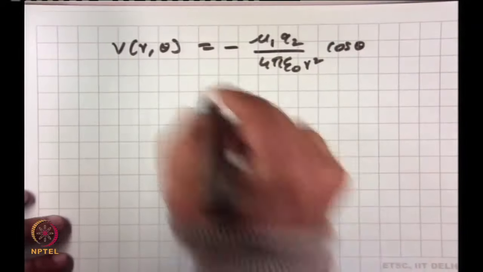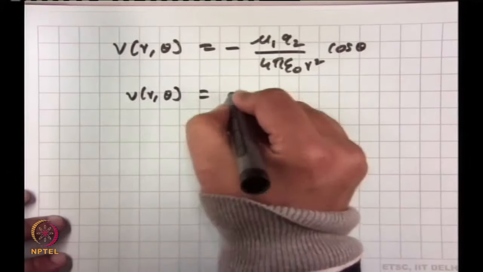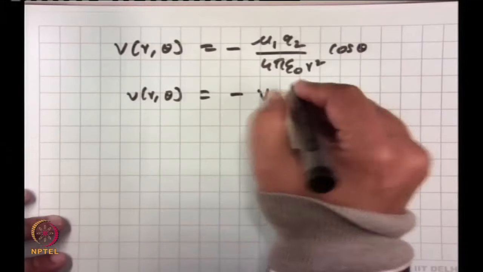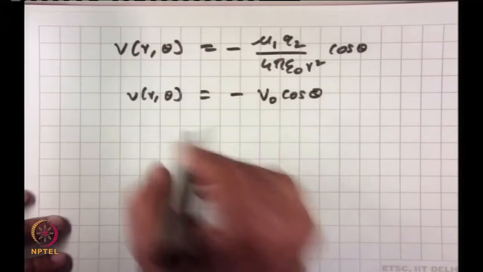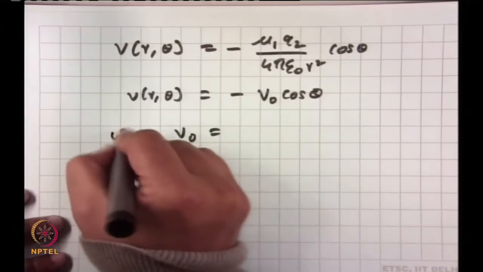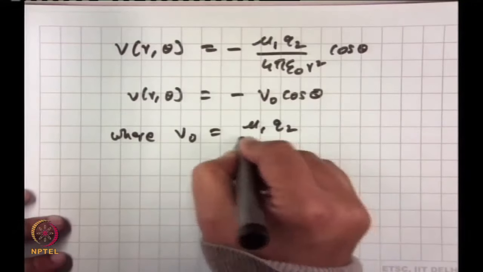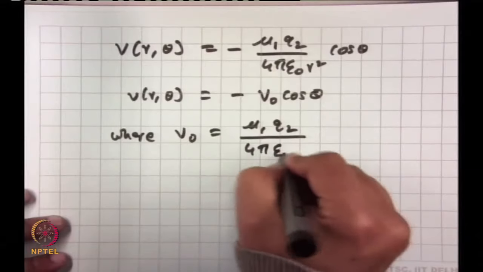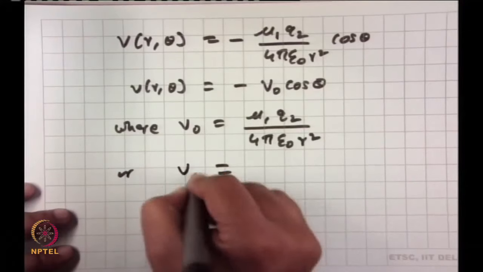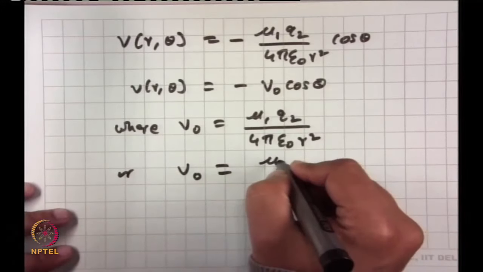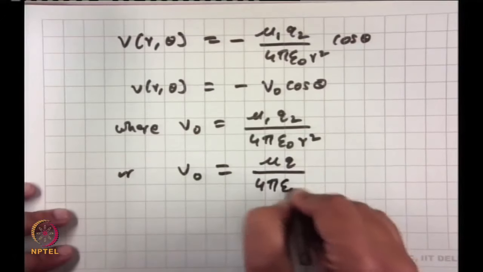And this I can simplify further by writing V of r, theta equal to minus V0 times cosine of theta, where V0 is equal to mu1 q2 by 4 pi epsilon 0 r squared, or for a general case I can just write mu q by 4 pi epsilon 0 r squared.